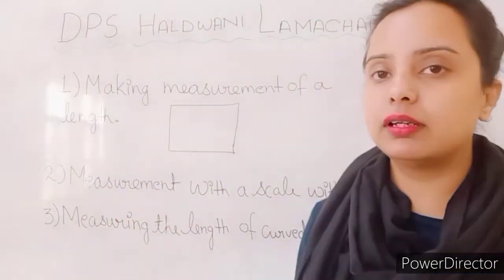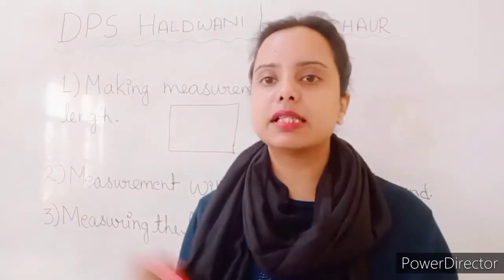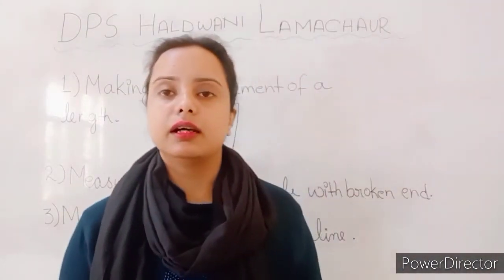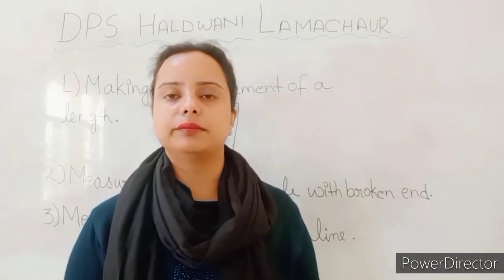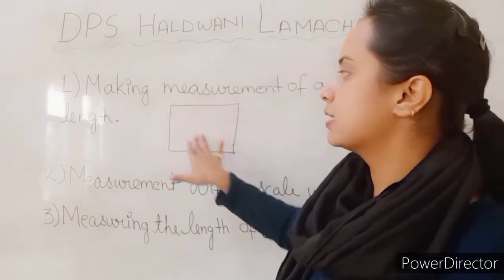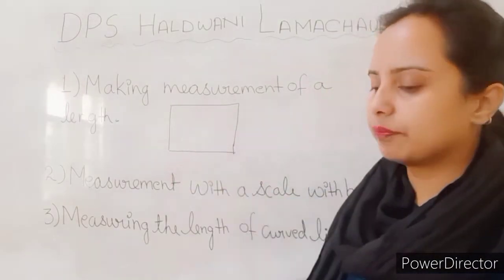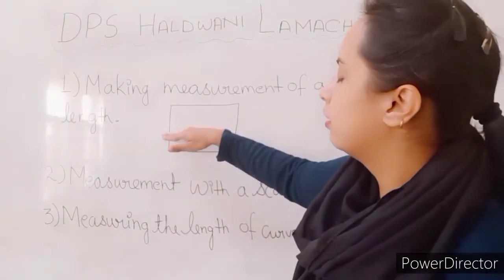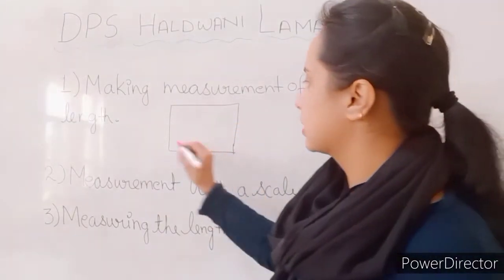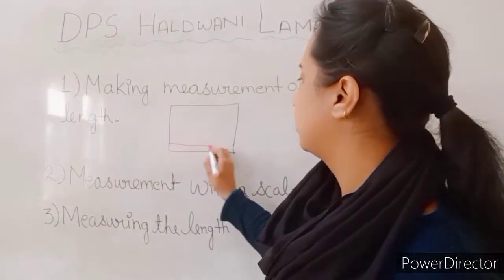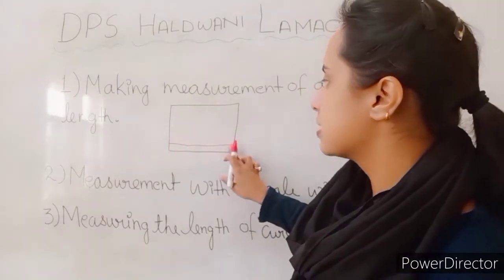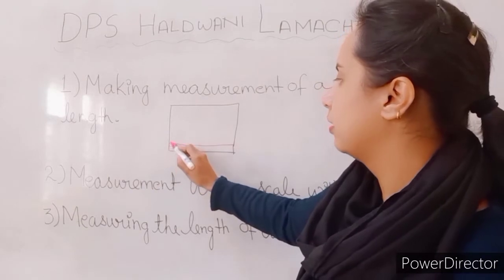If we want to take the measurement of any object, then how will we take it? For example, here this is an object, a box, and here we have to arrange the scale straight, not slanting. हमें straight scale लगाना है, not slanting one.